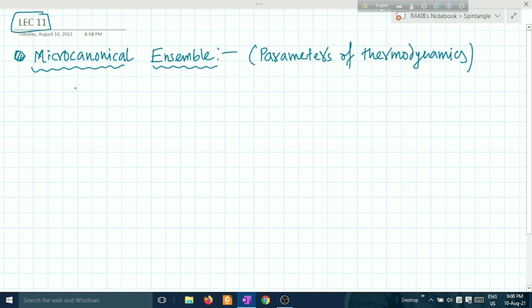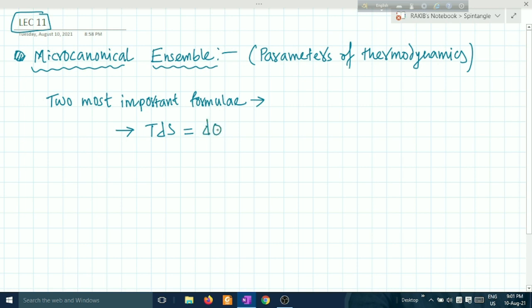To do this, first of all, let me write two most important formulas. These two formulas are written as formula 1. This is TdS equals dq.